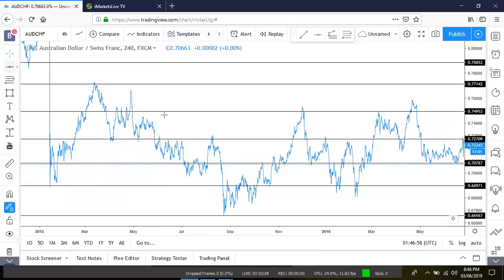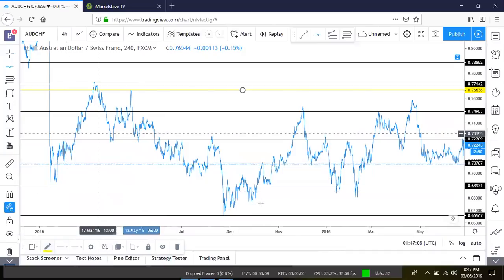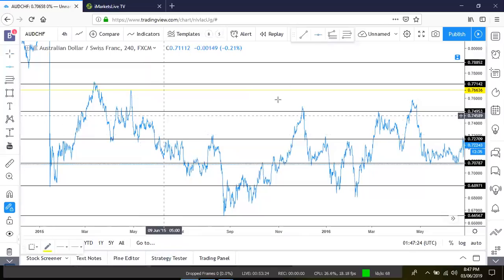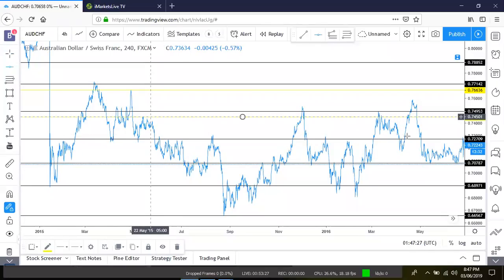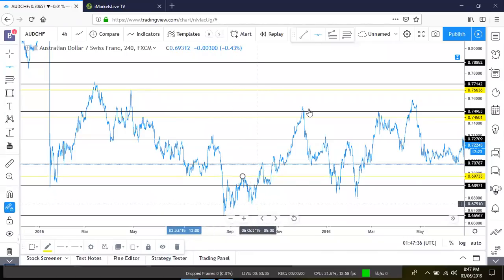All right, it's good. So now what I want to do is change this color to yellow. That's what I use for my 4-hour chart. So let me change this to yellow. I'm just going to do the same thing. Look for all the sharp points. Throw one there. Put one here. Go right there.